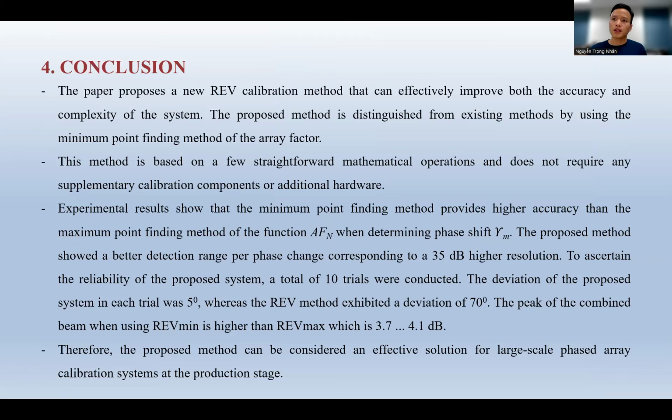The proposed method is distinguished from existing methods by using the minimum point finding method of the array factor. Therefore, the proposed method can be considered an effective solution for large-scale phased array calibration systems at the production stage.